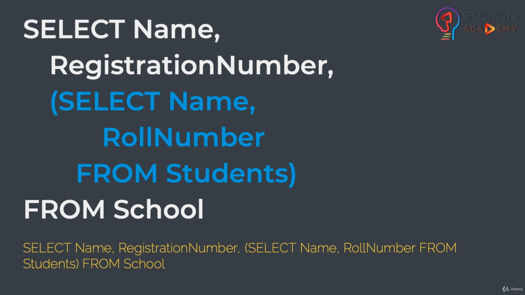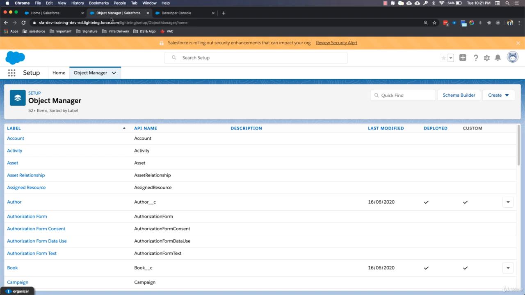I'll explain how you can get this relationship name when you are fetching the child object records from the parent object. So let's go back to our Salesforce org, and first we'll see how we can get the relationship name from a parent to child relationship. Here I am in my Salesforce org, and every Salesforce org has standard objects like account, contacts, opportunities and leads.